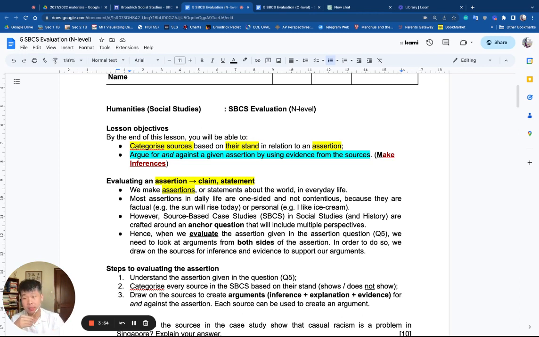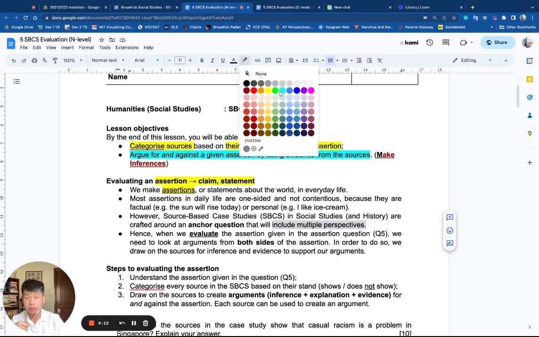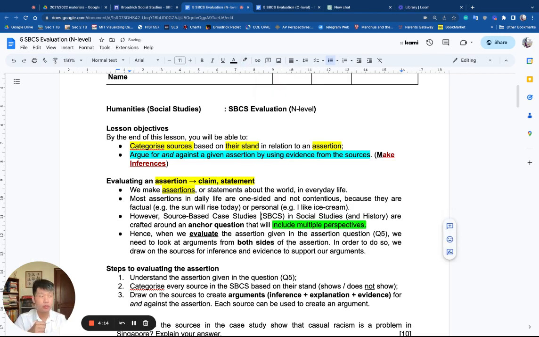However, the assertions we are interested in social studies, in particular the assertions that you will be tested on in social studies, are assertions that will be somewhat contentious because they need to include multiple perspectives. They need to have a source A that says something and a source B that says something else, right?